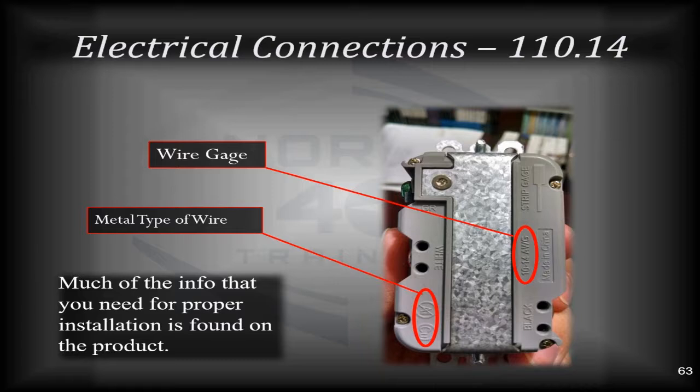Electrical connections, still in 110.14. Okay, you'll notice that on the back of this receptacle, you'll see the 10 to 14 gauge wiring indicator, which is telling you the size of wire that you can have hooked up to it. The type of wire is telling you copper only, and it also says AL with a slash through it, indicating that no aluminum is allowable.